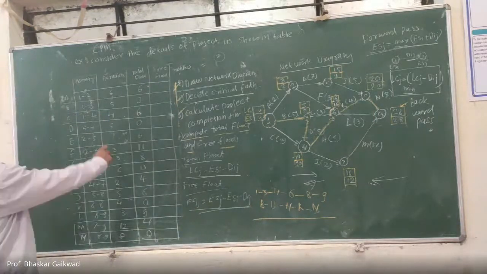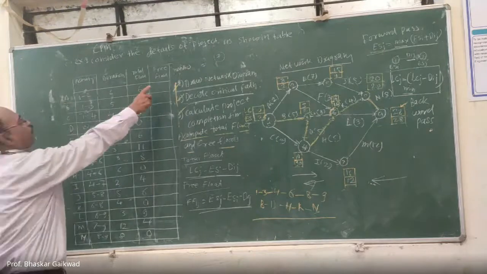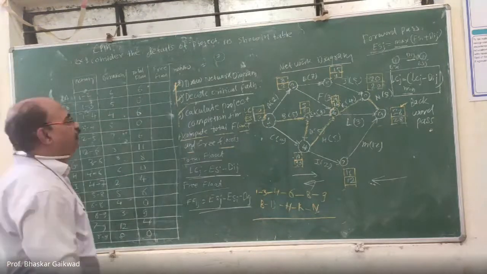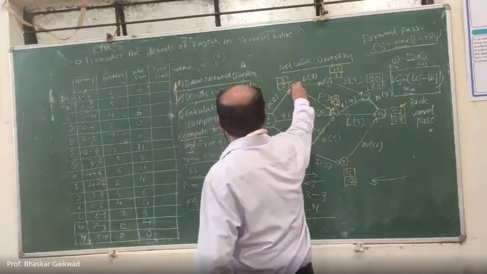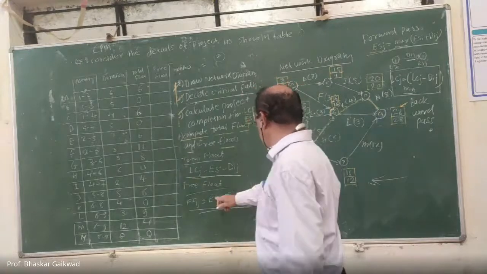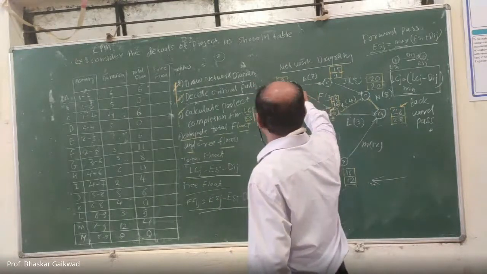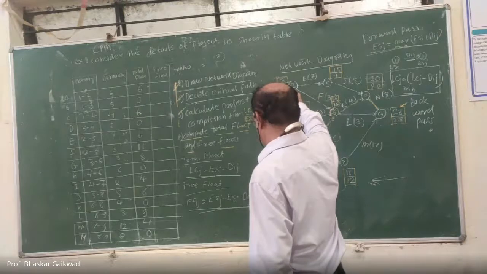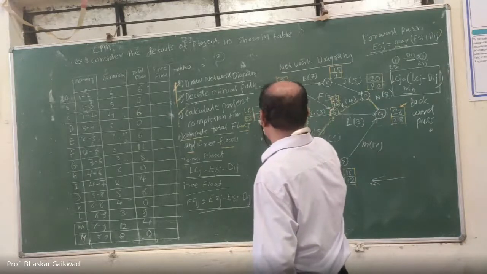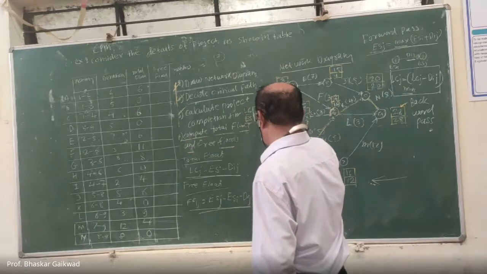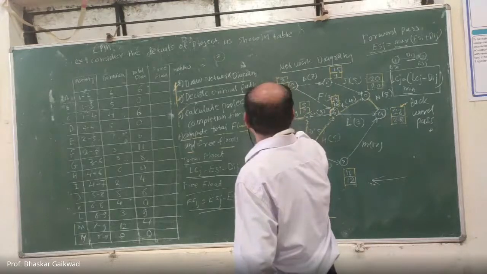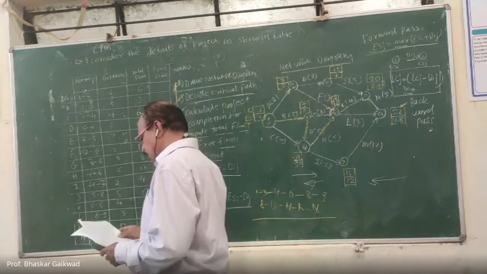For activity 1 to 2, we have to calculate free float 1 to 2. What is here? ESj, this is the 2. What is here? ESi 0. Correct. And minus duration is 2. 2 minus 0 minus 2, what is there? 0.